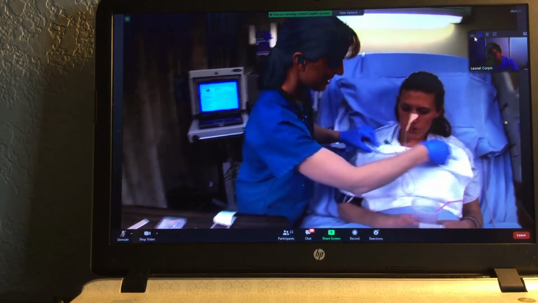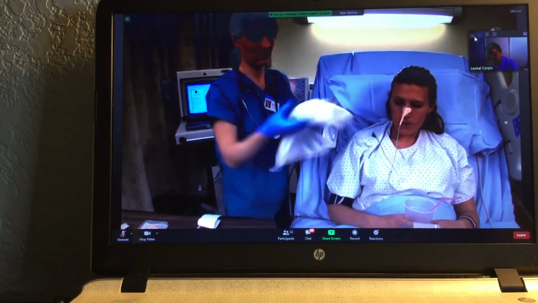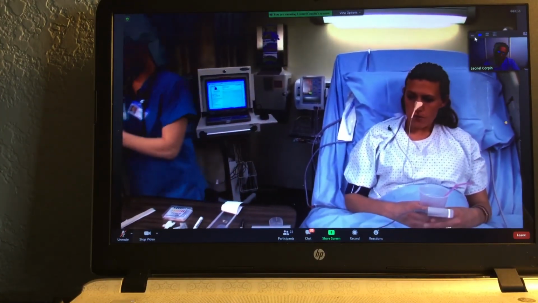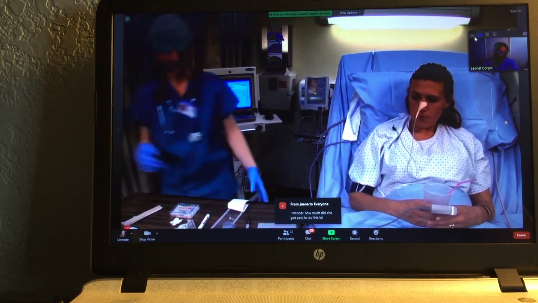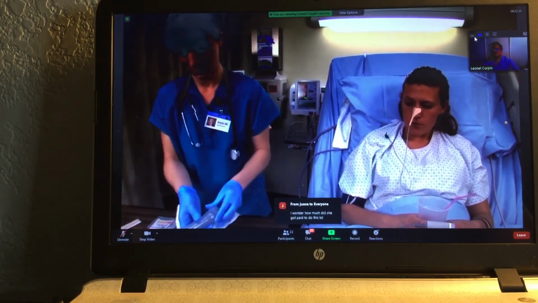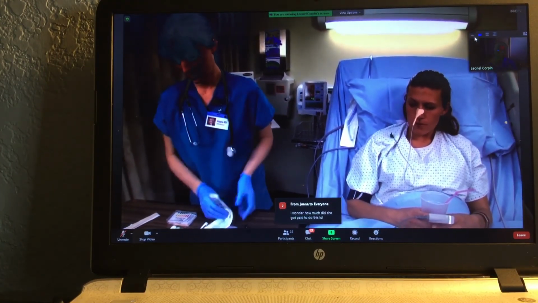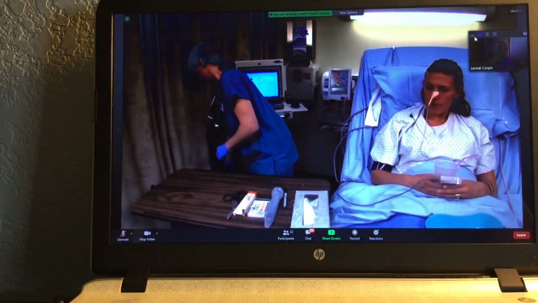Okay, I'm going to go ahead and take the towel away. Gather and dispose of all waste in the appropriate receptacle. Remove gloves.